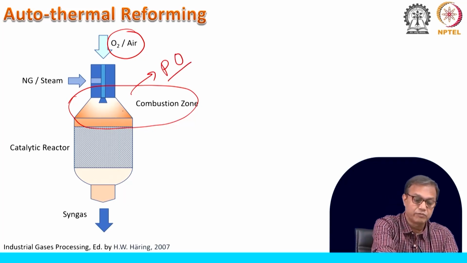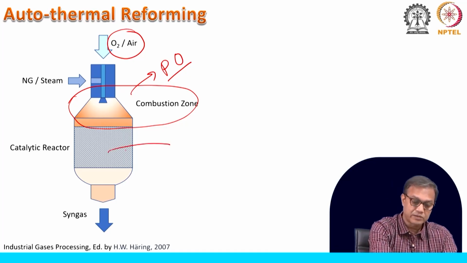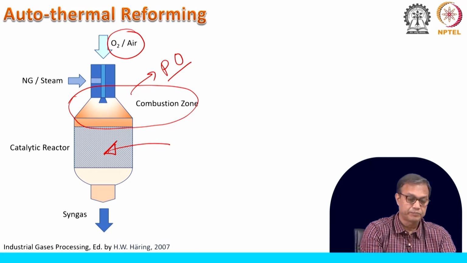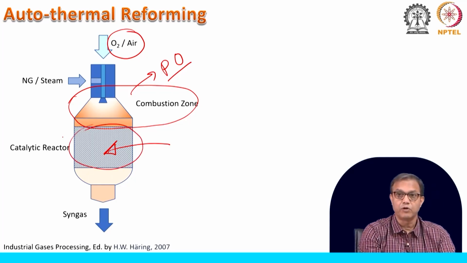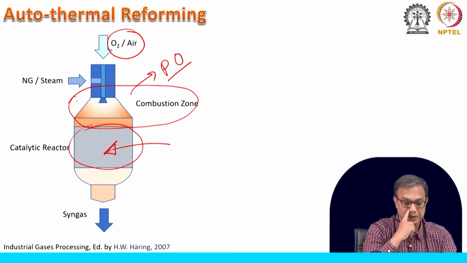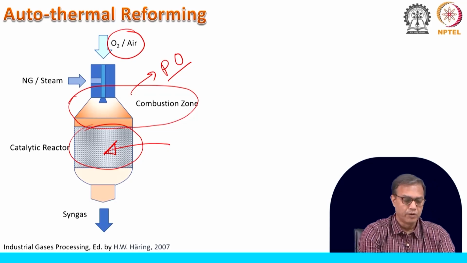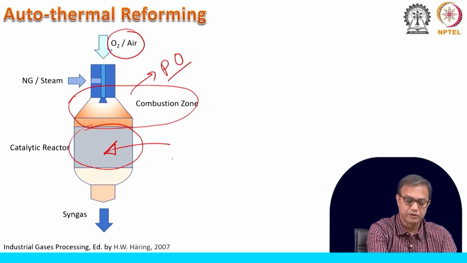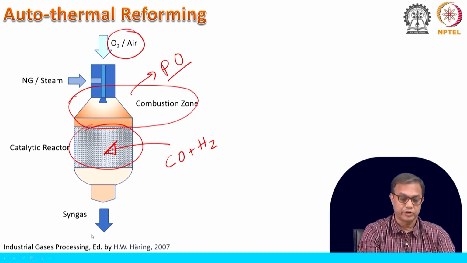happening, because here we do not need any additional heat input, whereas here we have the catalytic bed and this mixture is coming over here, and here the steam reforming is taking place, and that steam along with the reactants of PO will finally form the CO plus H2 combination, and this syngas will be coming out at a moderate temperature.